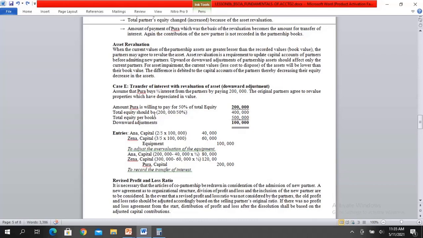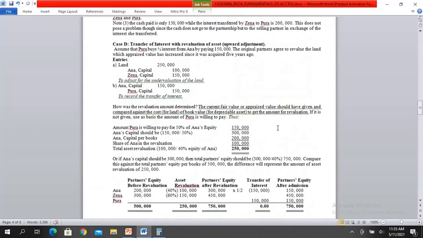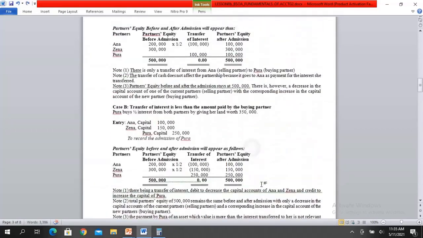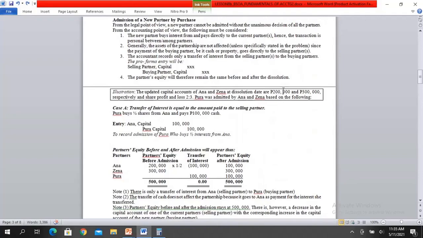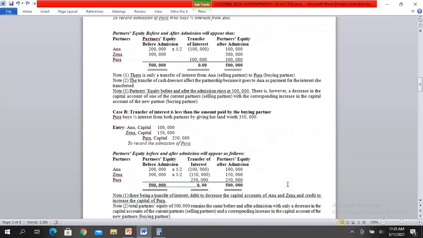So, total equity should be 200,000 divided by 50% is 400,000 yung magiging total equity dapat ng partnership ni Ana at saka ni Zina. So, total equity per books is 500,000. So, magkano yung total equity ni Ana at saka ni Zina kanina? Tingnan natin. Ito, di ba? 200,000 plus 300,000 is 500,000.